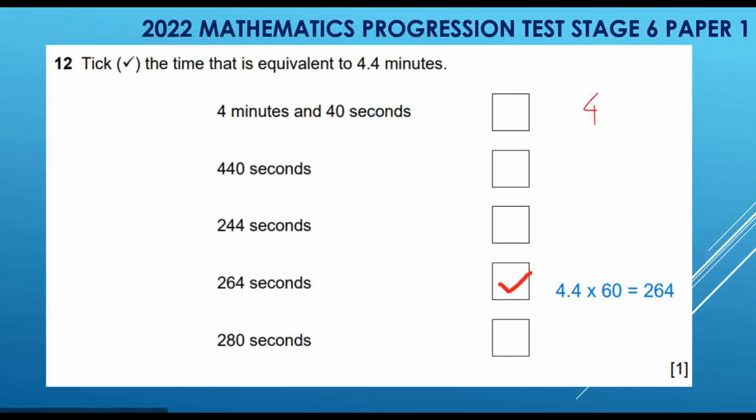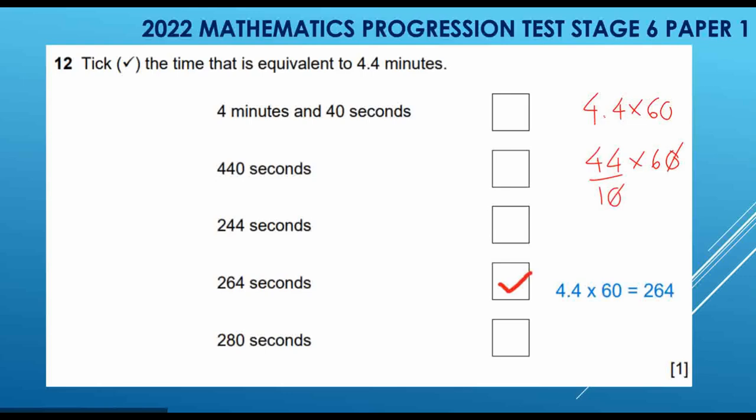So if we multiply 4.4 times 60, it means we have 44 over 10. 4.4 is 44 over 10 times 60. So we cross the 0 here.